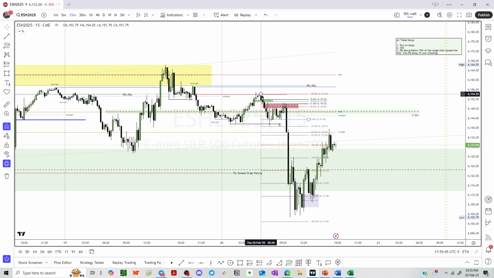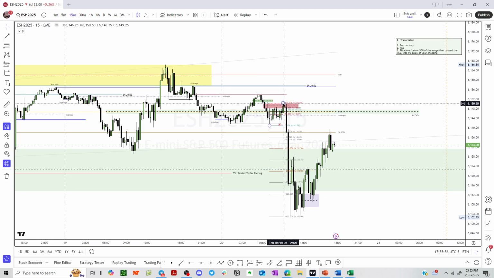My guy named Dexter Lab. I think Dexter would do something like this here, right? Utilizing the manipulation leg to determine how far price is going.